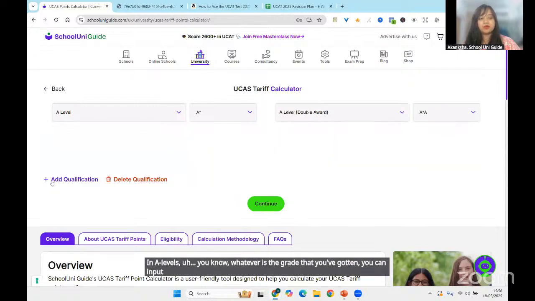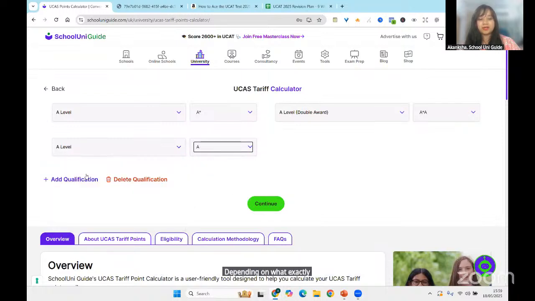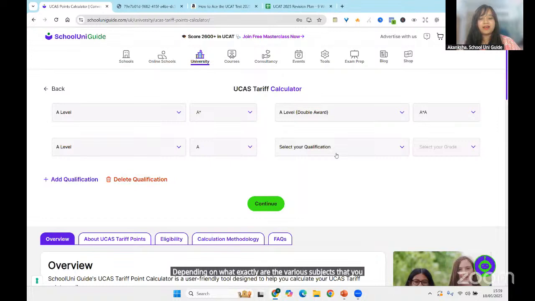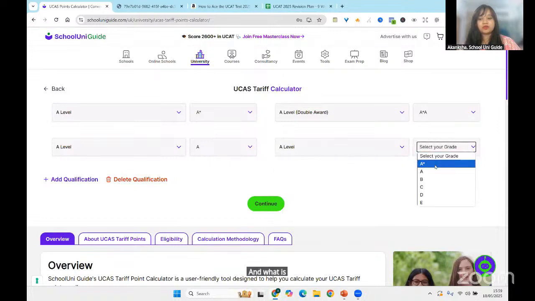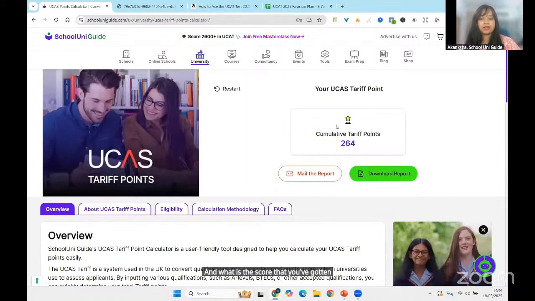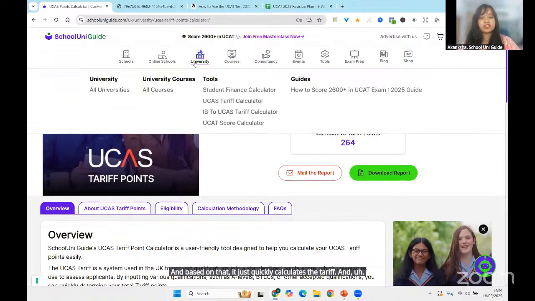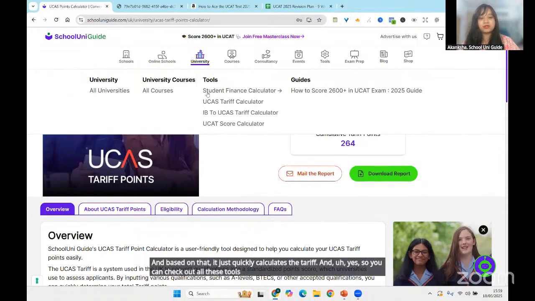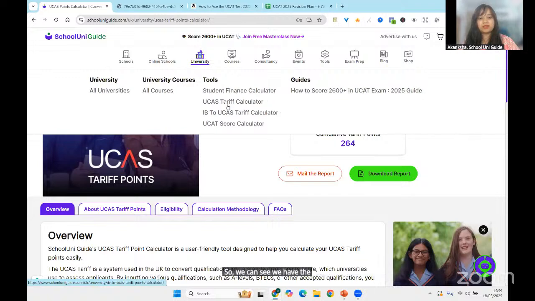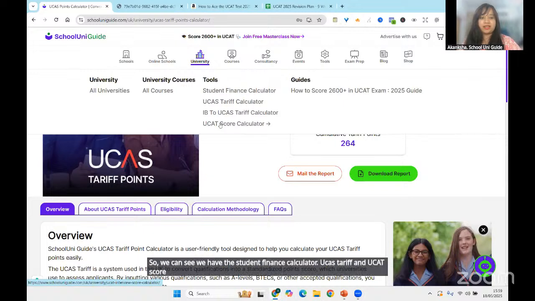You can add more qualifications depending on the various subjects that you've undertaken and the score that you've gotten in them. And based on that, it just quickly calculates the tariff. And yes, you can check out all these tools under the university mega menu. So we can see we have the student finance calculator, UCAS tariff, and UCAT score calculator as well.